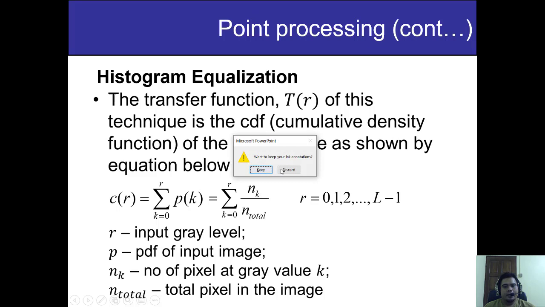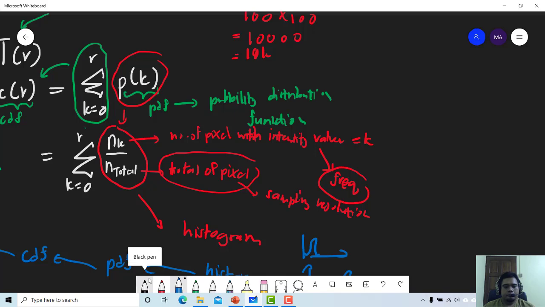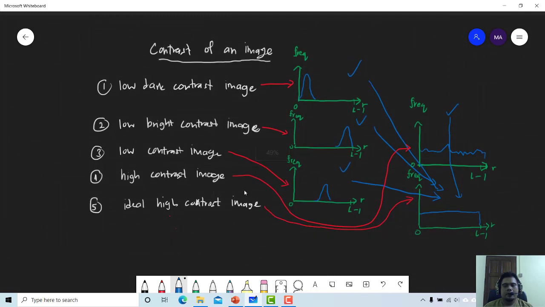Because the cumulative distribution function of each image can map the input image to the output image, where the output image can later have this kind of very equalized histogram, which is how we are going towards producing the ideal high contrast image.